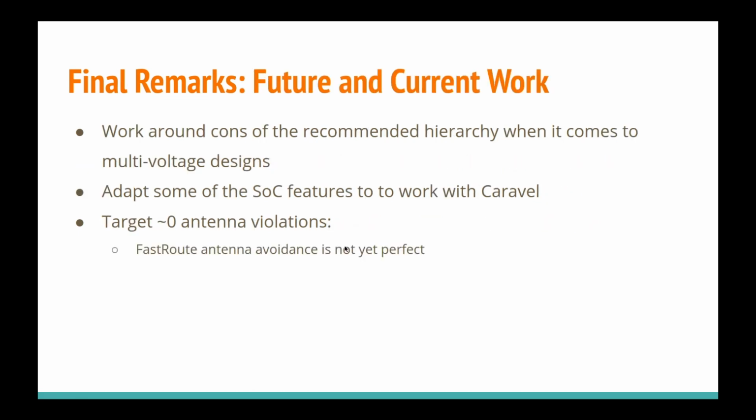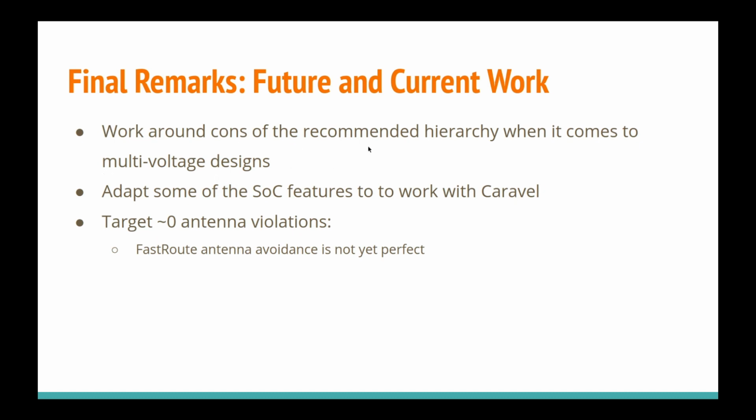So when it comes to future and ongoing work, which the community is always welcome to contribute to, we note that the recommended hierarchy is not ideal for all use cases, so we would need to work around the cons of the current hierarchy when it comes to multi-voltage domains. We also need to adapt some of the features to work with Caravel.